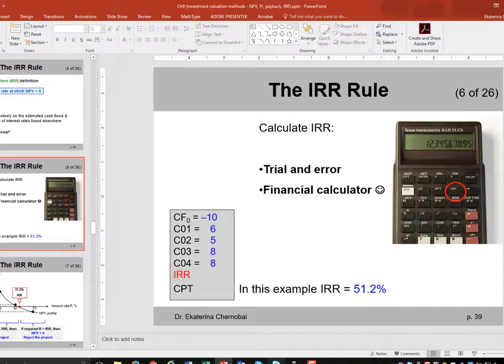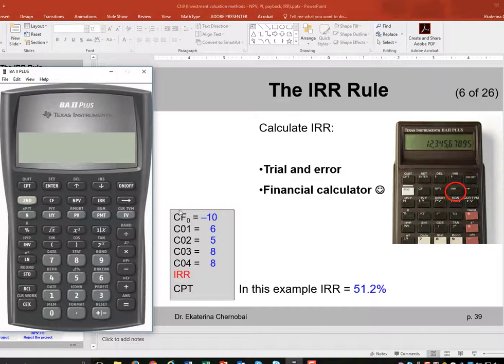What we do is, let's take out our financial calculator. Let's turn it on. Let's start by clearing everything. Second, plus minus, enter. Off and on again. Imagine you're calculating the NPV. The first several steps are identical. You start by pressing the cash flow key in the second row.